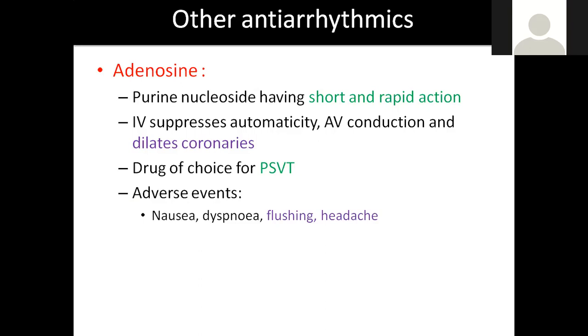If we give it intravenously, it suppresses automaticity and AV conduction, and dilates the coronaries. It is the drug of choice for paroxysmal supraventricular tachyarrhythmia. Some adverse effects include nausea, dyspnea, flushing, and headache.